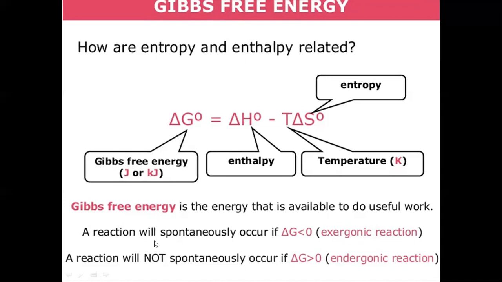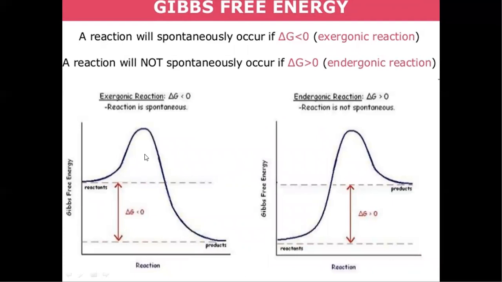So it is a spontaneous reaction. Whereas in endergonic reactions, delta G values will be more than 0, that means we get positive values, so it is a non-spontaneous reaction.